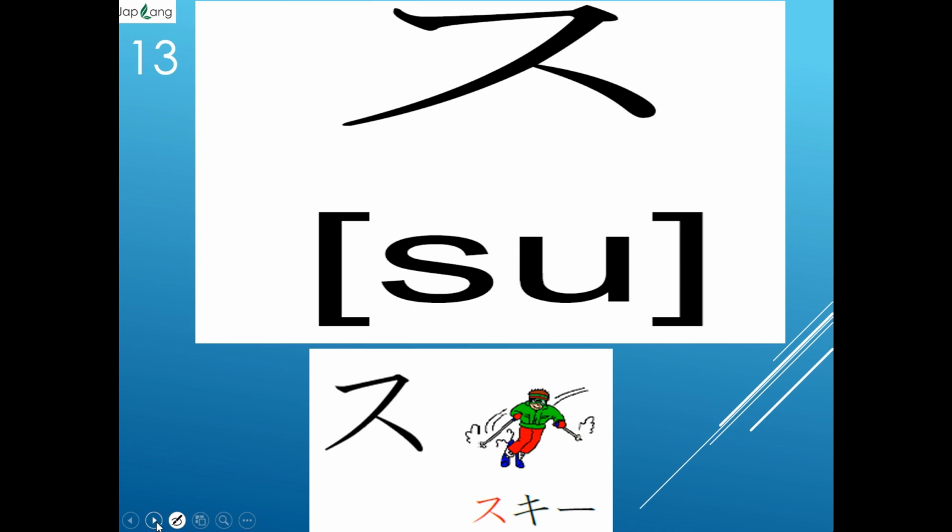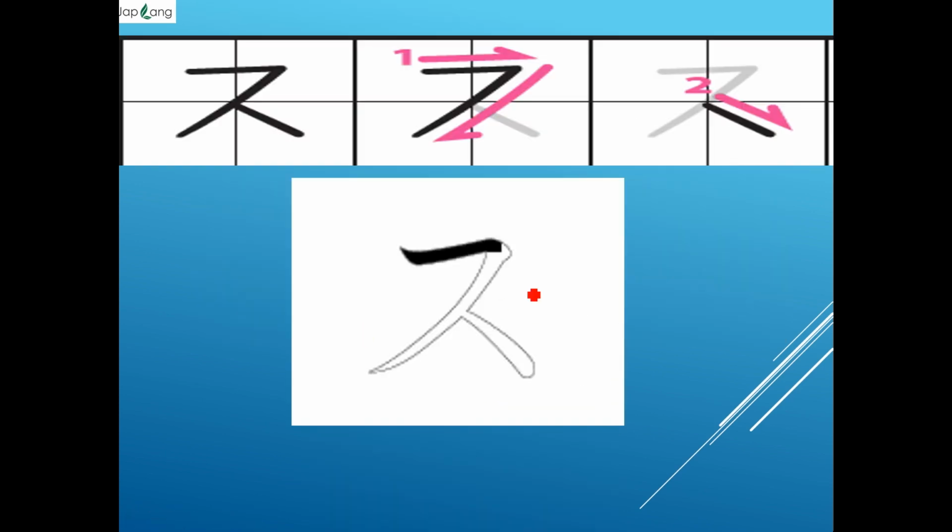The next letter is su. So we have suki, skiing. We go for skiing, right? So this is called skiing. Su has suki, we say suki. This is the stroke order, first stroke and then second stroke.